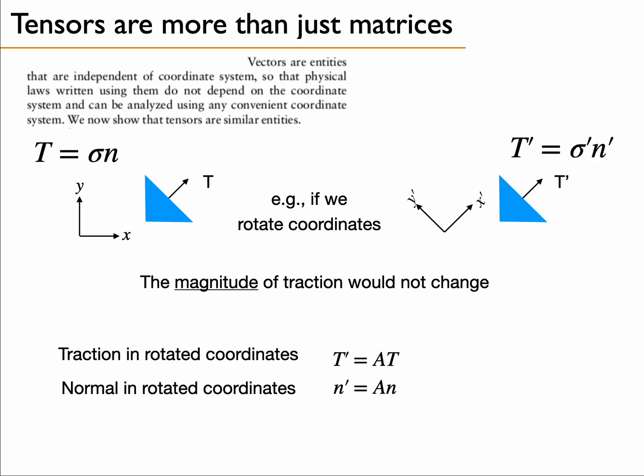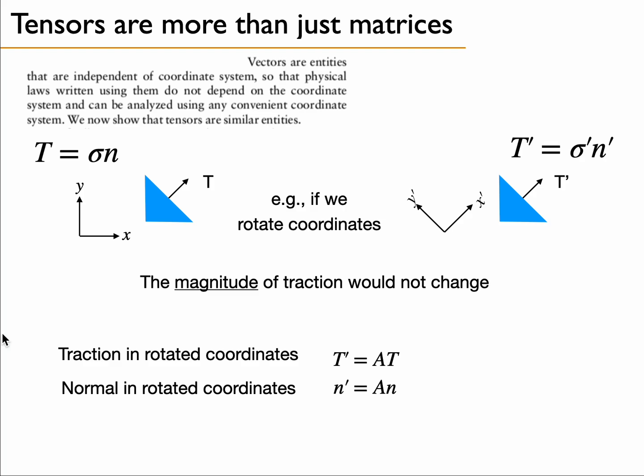Tensors are more than just matrices because they are equipped with some rules of objectivity. It means that the physical laws that are written using tensors should not depend on the coordinate system. And that's something we briefly touch on in this slide.